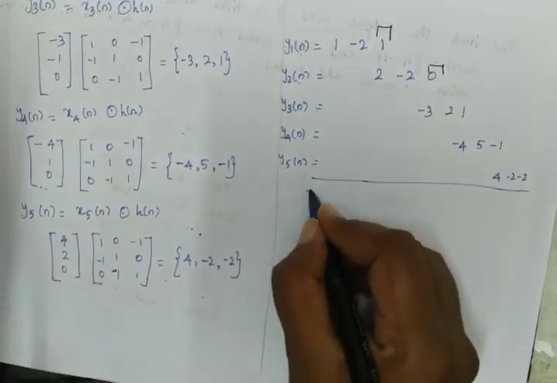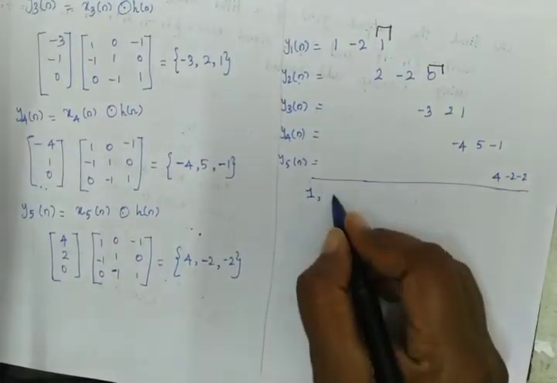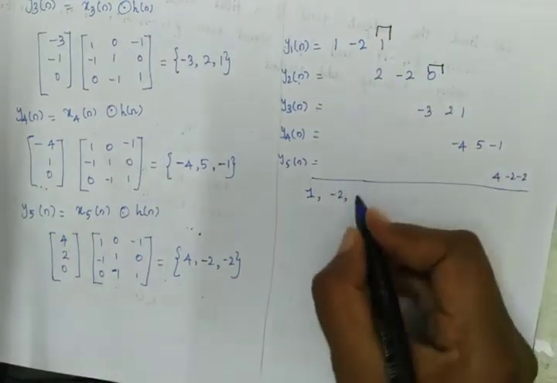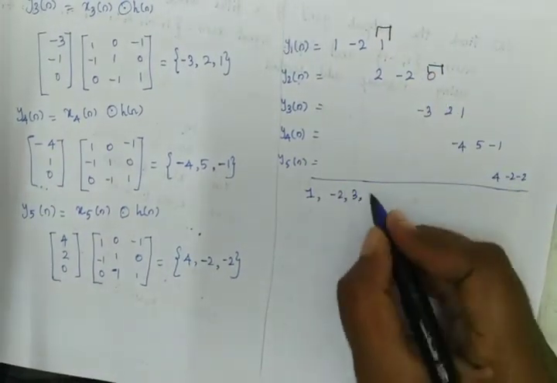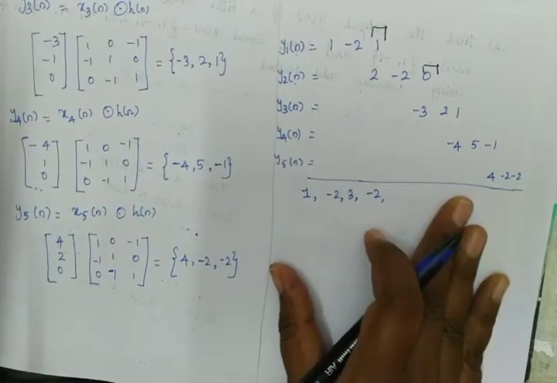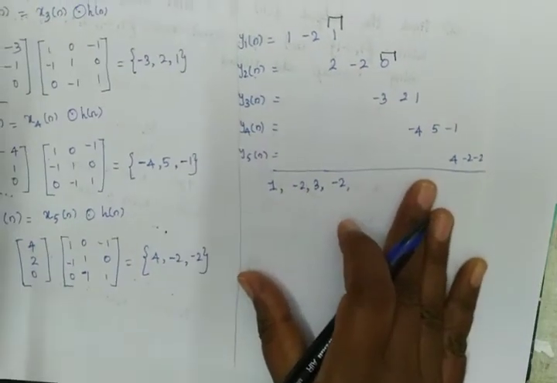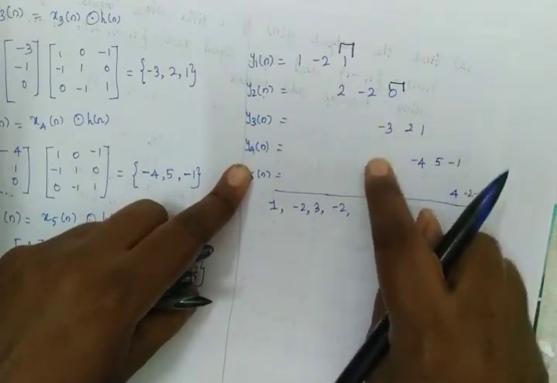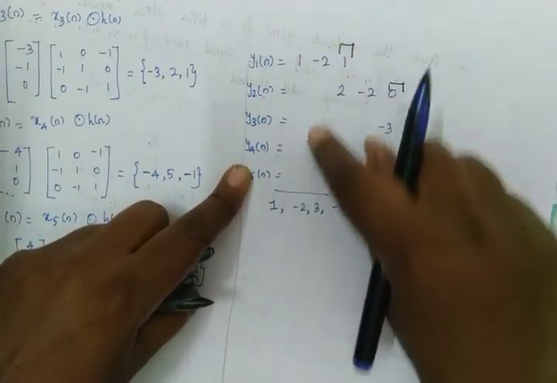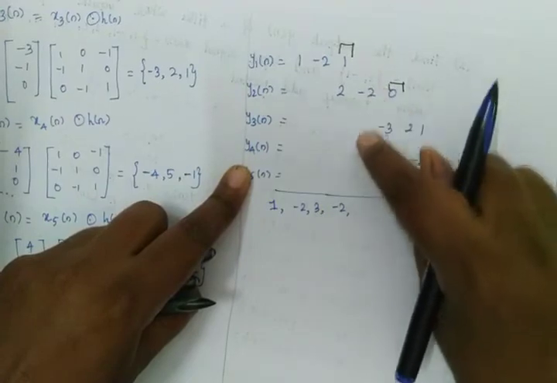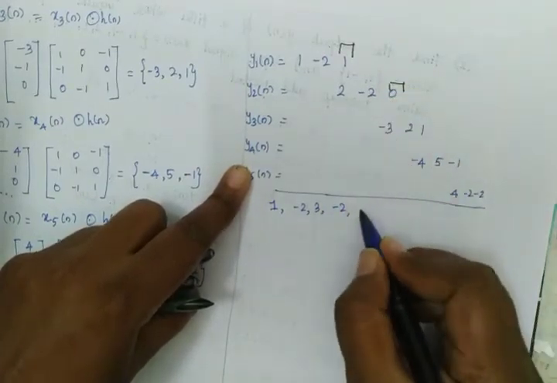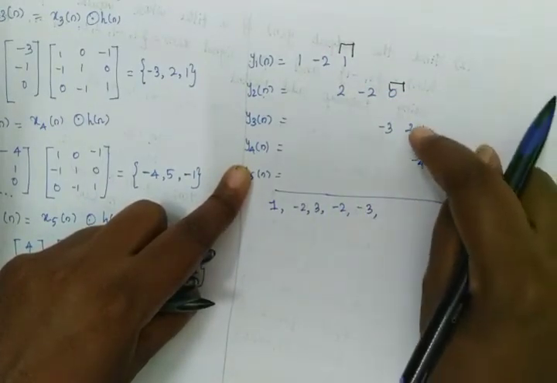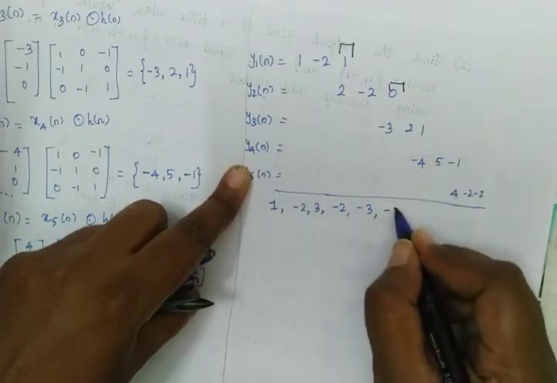So here we have 1 comma, here it is minus 2 comma, and here it is 3, and here it is minus 2. Now 0 plus minus 3. So here we have minus 3 minus 1 minus 2, 2 plus 1 is 3, and here we have minus 2, 0 plus minus 3 is minus 3, and here we have 2 minus 4, that is minus 2.